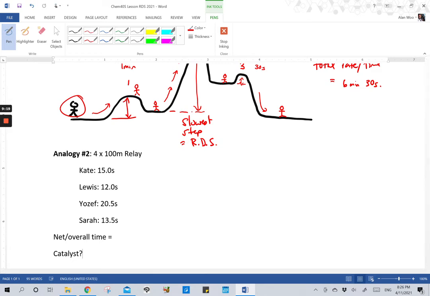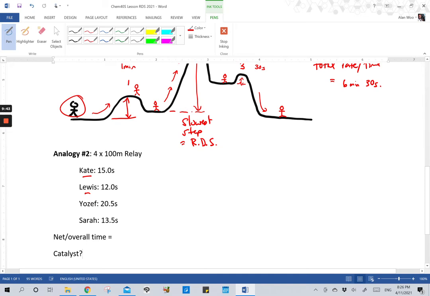So you have to run 100 meters, and you're part of a team. Each person has to run the same distance. So let's say that Kate, the first runner, takes only 15 seconds in order to finish 100 meters. That's pretty fast. But Lewis is even faster.